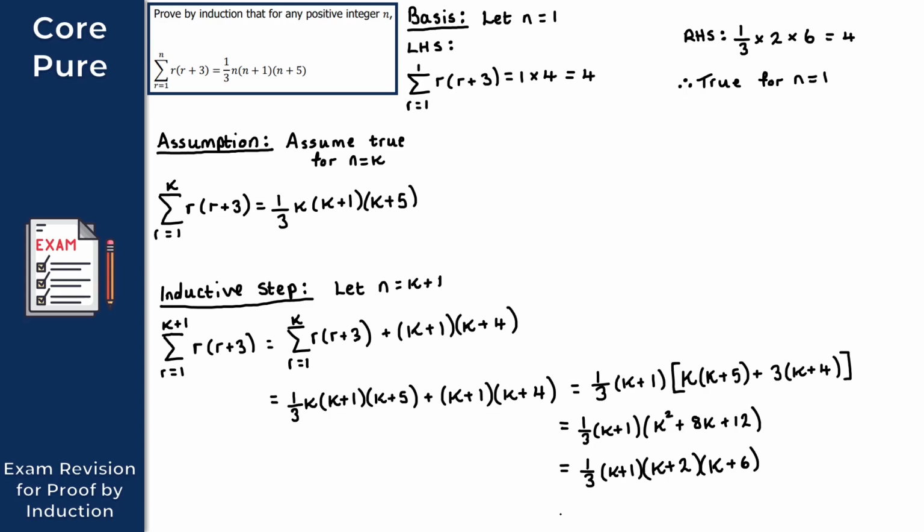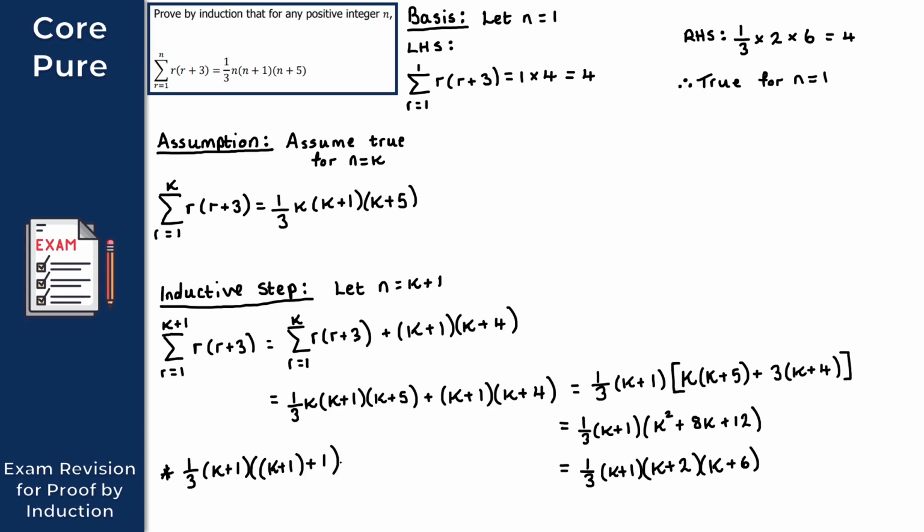So if we do that, I'll do it over here just to show how we finish our solution. I get 1 over 3 times k plus 1. Then for this second bracket, we can write this as k plus 1 plus 1.